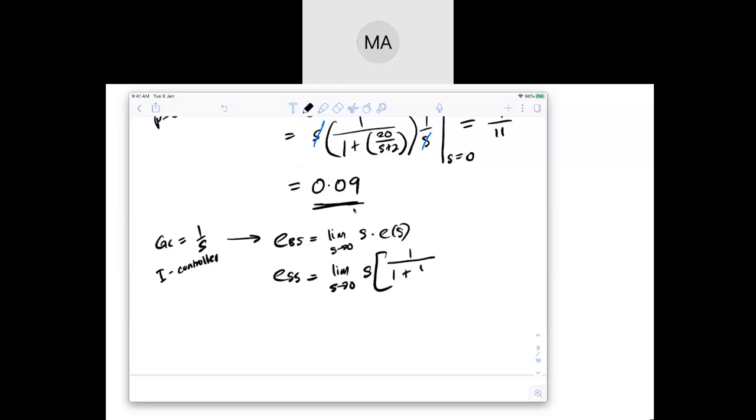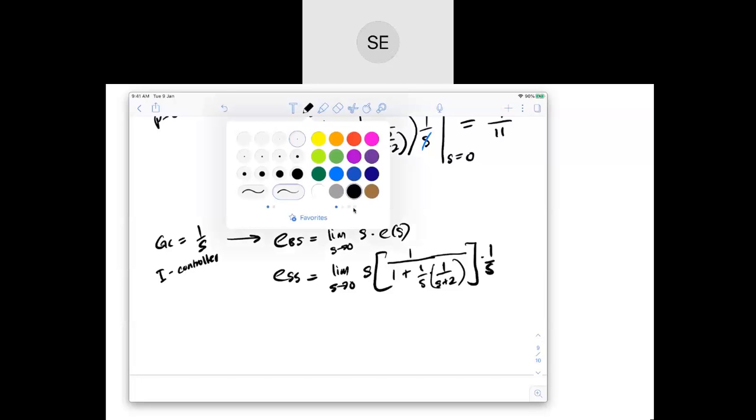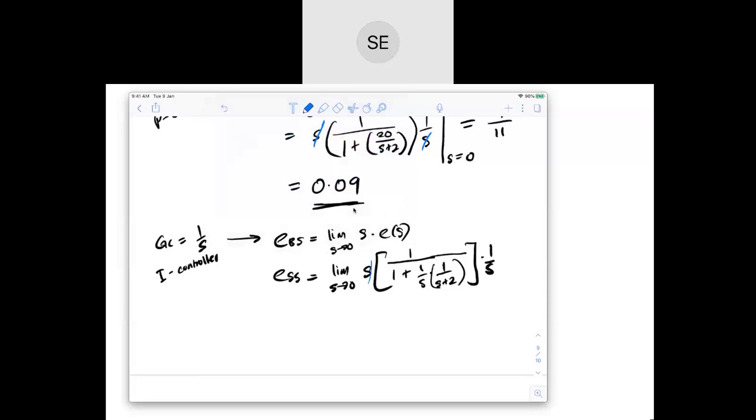GC is already 1 over S, and GH is 1 over S plus 2. Let's say H is still 1. Then don't forget my input, 1 over S. So in this case, the input can still be cancelled out with that value there.